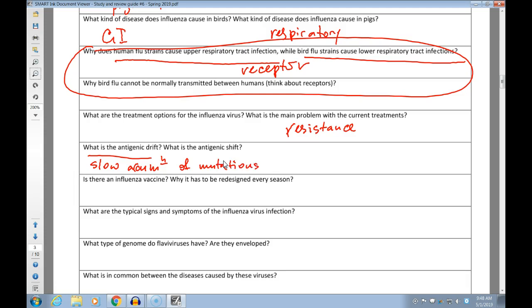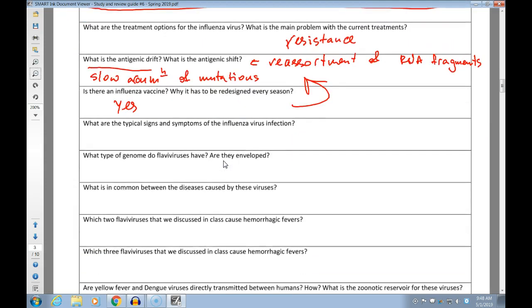The drift, the shift, reassortment of RNA fragments. There is an influenza vaccine. The answer why it has to be redesigned is right here because of mutations, shift and drift. Signs and symptoms, may I just skip this? You all know.